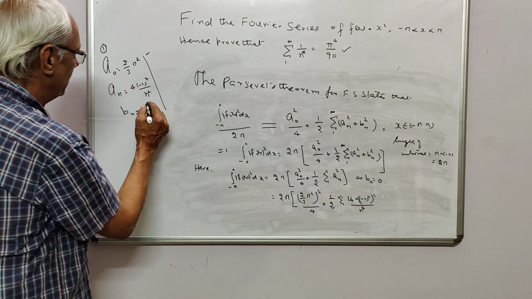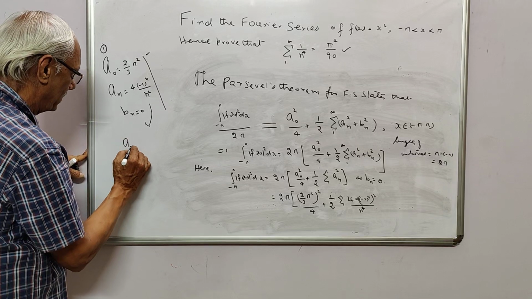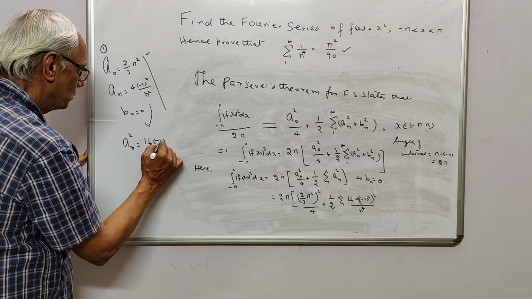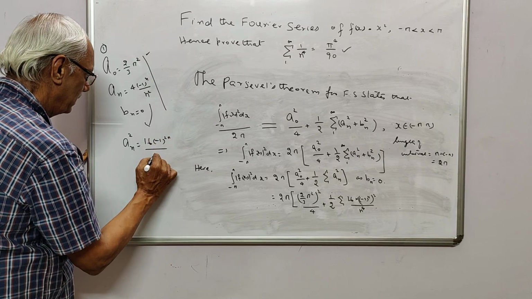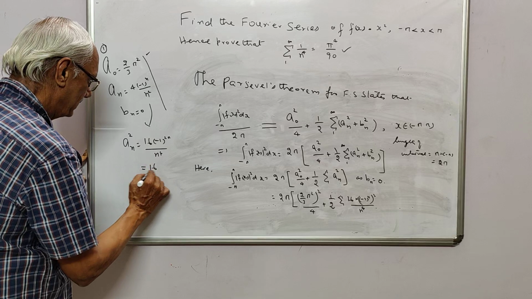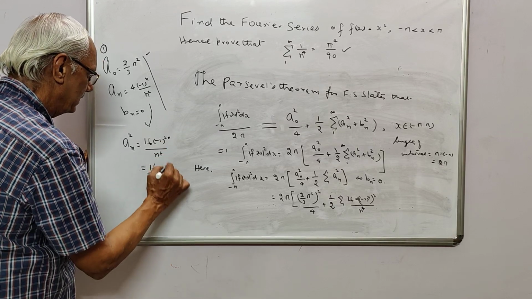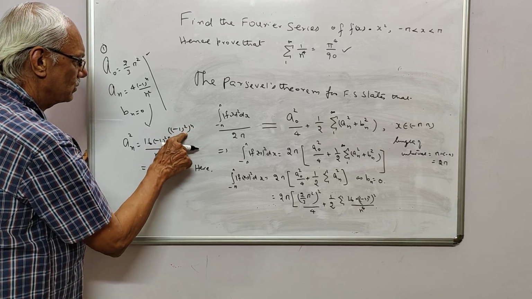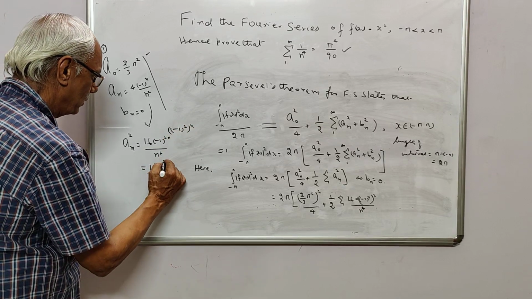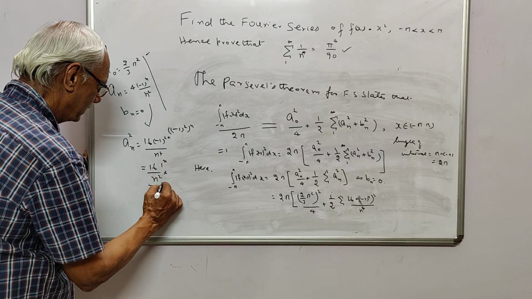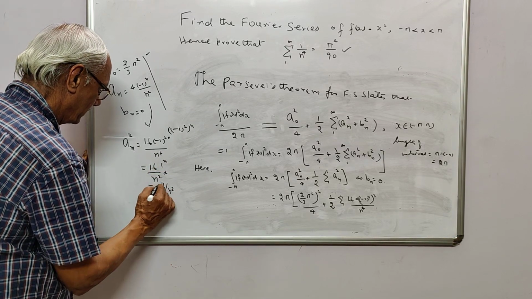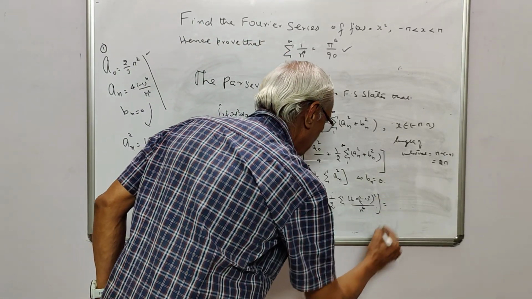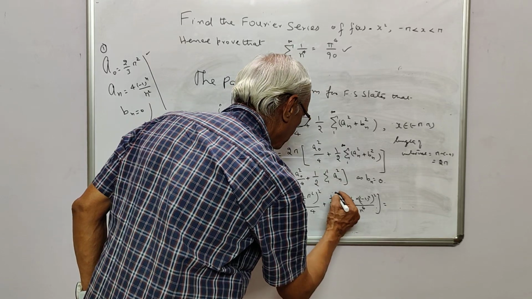Now you have to square this a n square. A n square will be 16 into minus 1 to the power of 2n divided by n to the power of 4, that is 16 by n square. This is nothing but minus 1 whole square whole to the power of n. Minus 1 whole square is 1, so this is nothing but 1 to the power of n. So that is nothing but 16 by n square, sum from 1 to infinity.